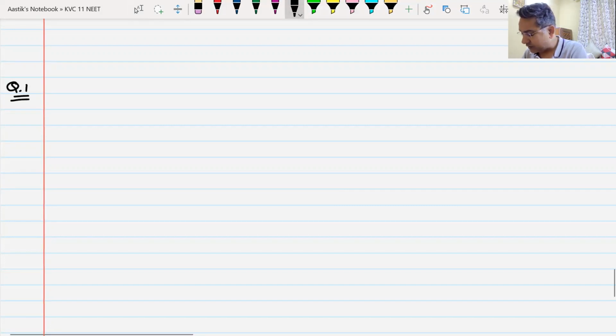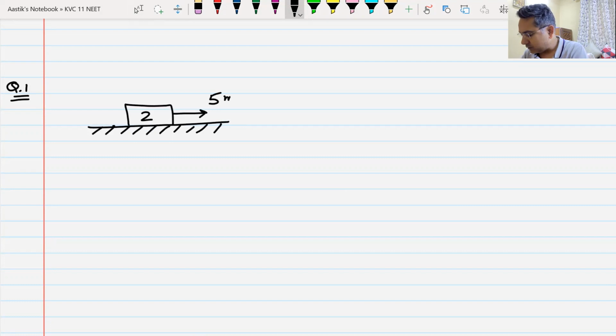Question number 1 for today. I have this body. Let us say the mass is 2 kg and it is moving forward with 5 meter per second. The surface is rough. The value of mu k is given as 0.5.